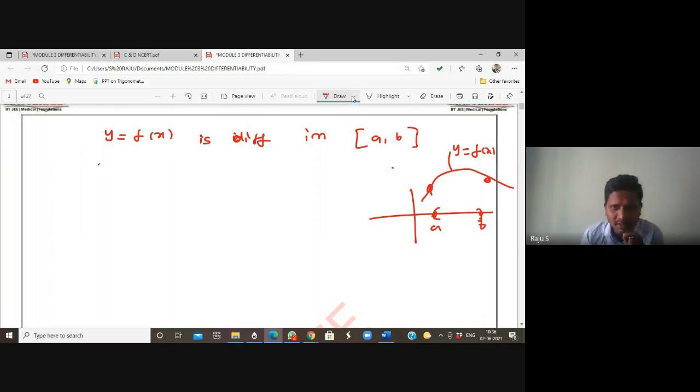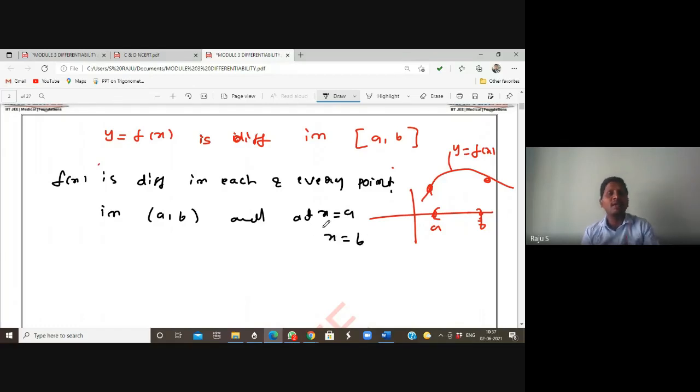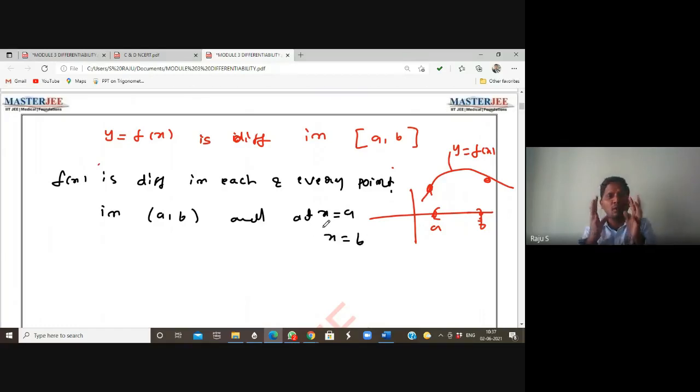So it is nothing but f of x is differentiable at each and every point in the open interval a comma b, and at x is equal to a and x is equal to b. Why? Because closed interval means the end points a comma b also belong to that interval.